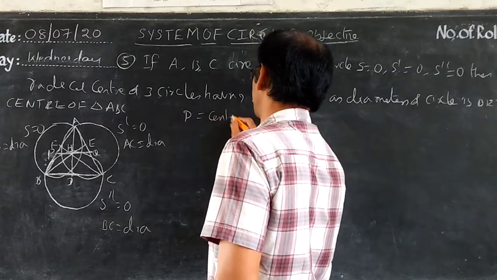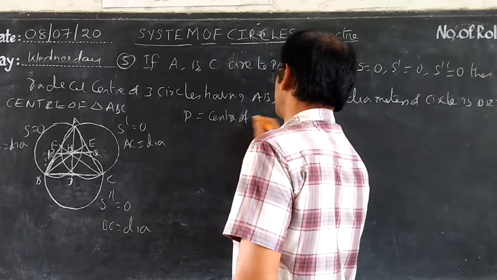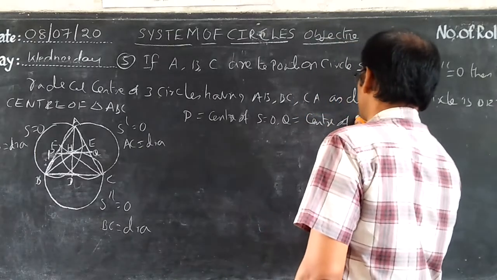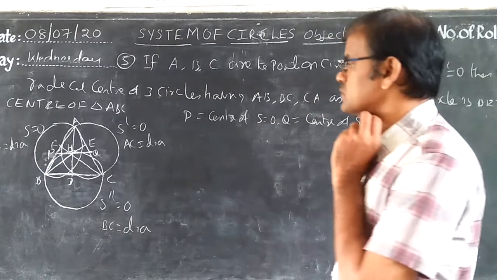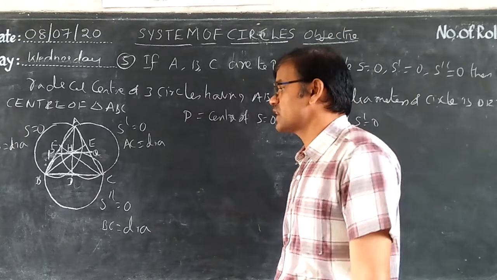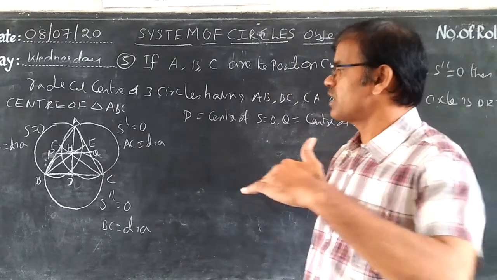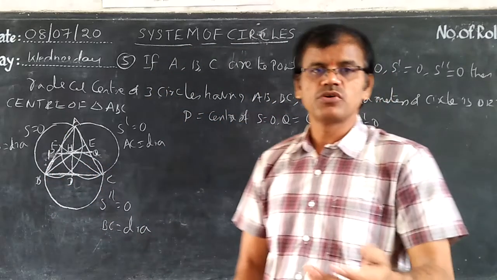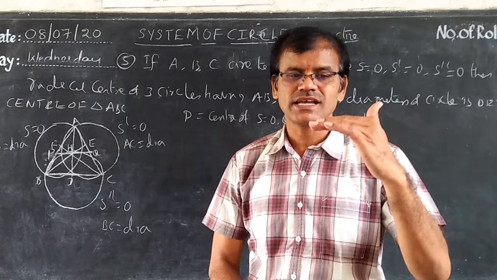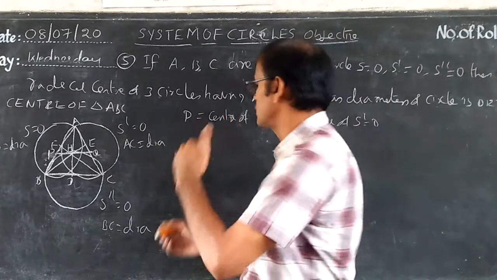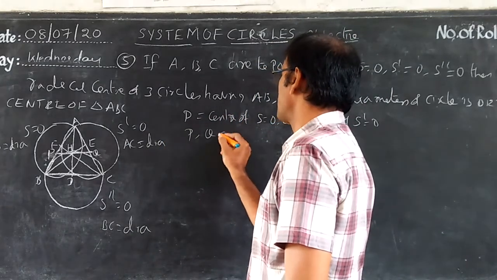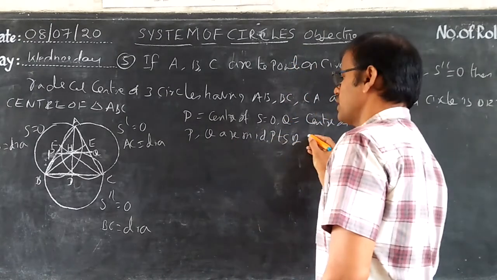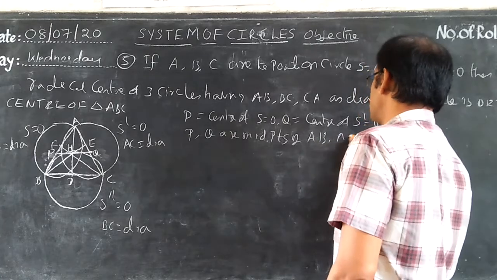AB is a diameter and AC is a diameter. We know the diameter is the longest chord passing through the center point, and the center point is the midpoint here. So P and Q are midpoints of AB and AC.